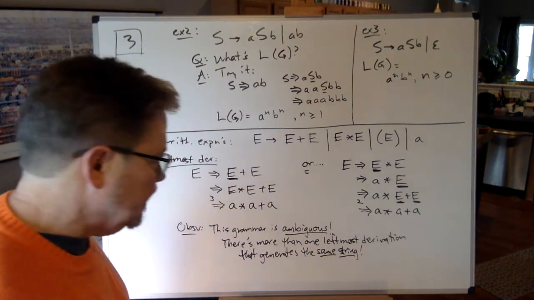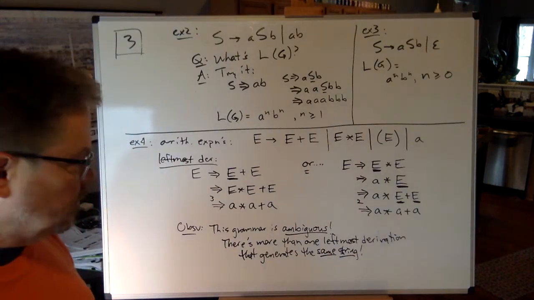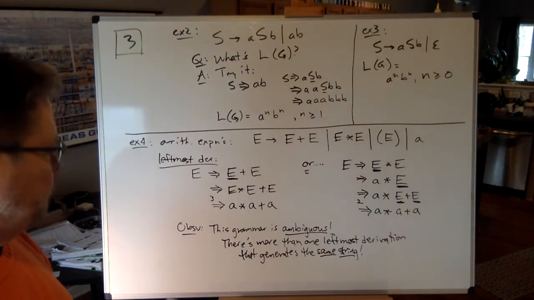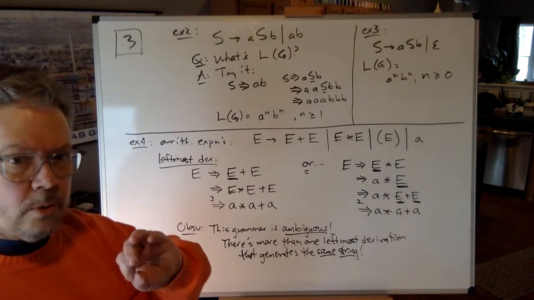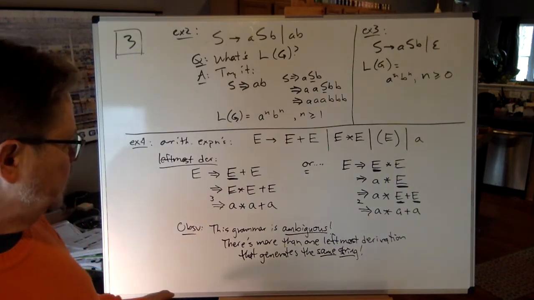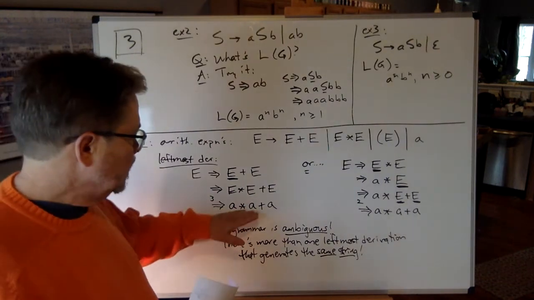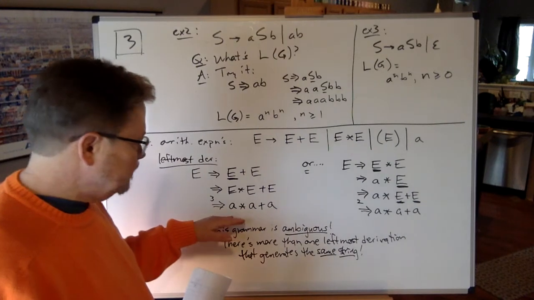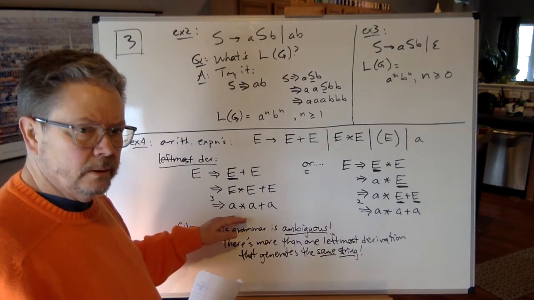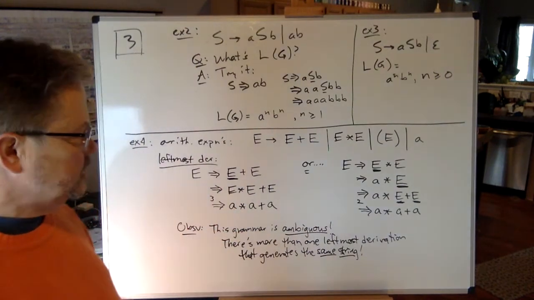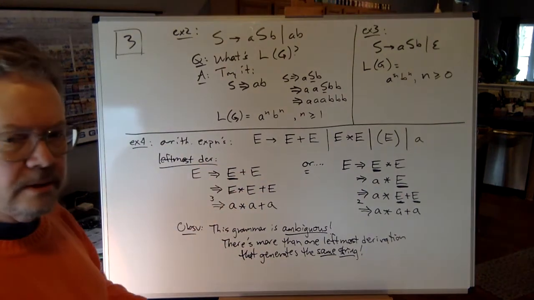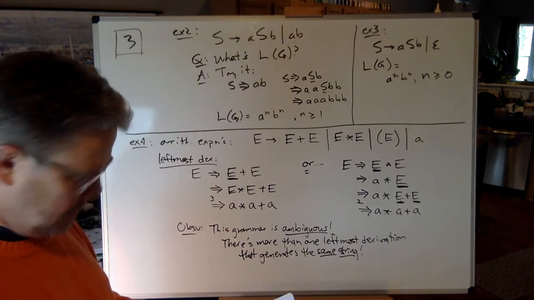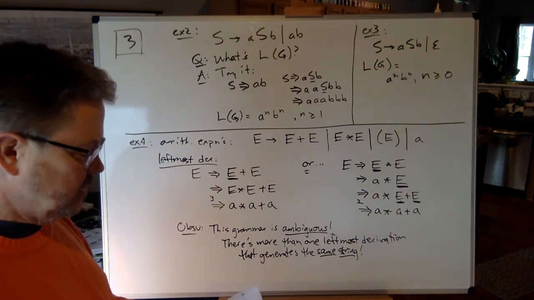I'm yelling everything, exclamation points everywhere. Before you know it, I'll be writing in all capital letters. This grammar is ambiguous. I know that's a new word. I just looked it up. But here's what it means: I can end up with the same string of the language, but using different leftmost derivations. These are not the same. I replace different symbols at different times. That's generally considered a bad thing.